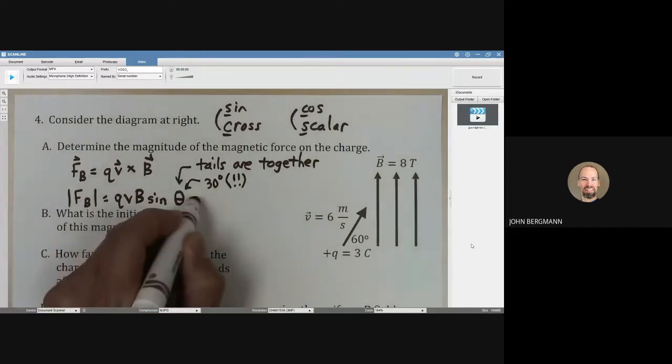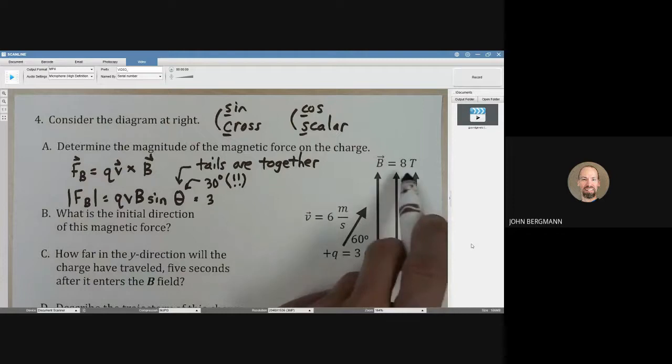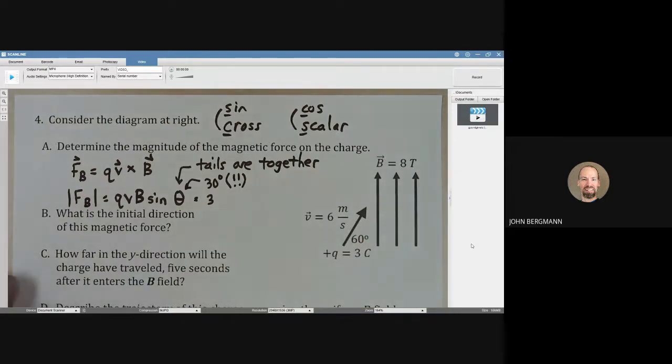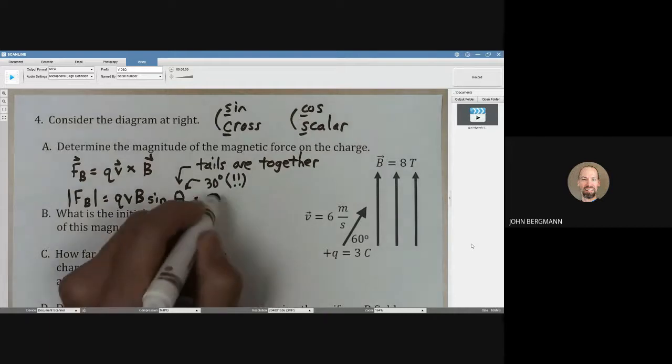What we're going to do here is say the charge is in coulombs, the velocity is in meters per second, the magnetic field is in teslas. Those are all the correct units. So I'm going to be a little bit lazy and leave them off when I show my work. But of course, whenever we hit equals, we always want to put a unit.